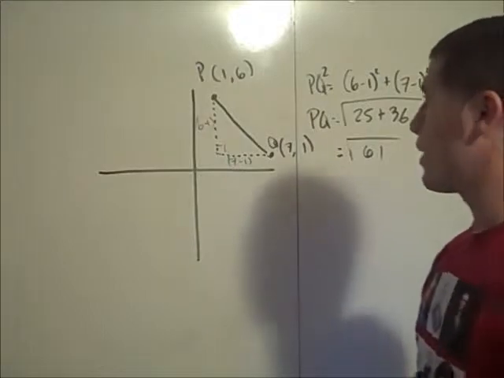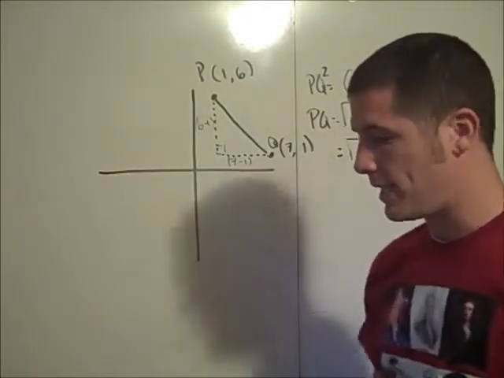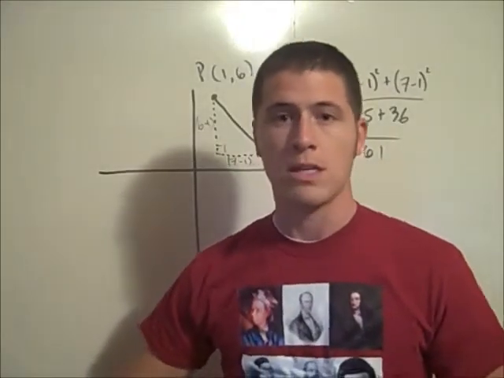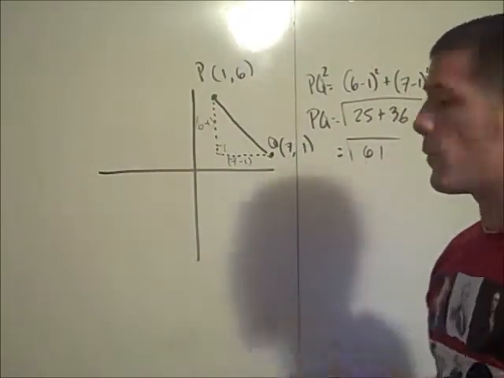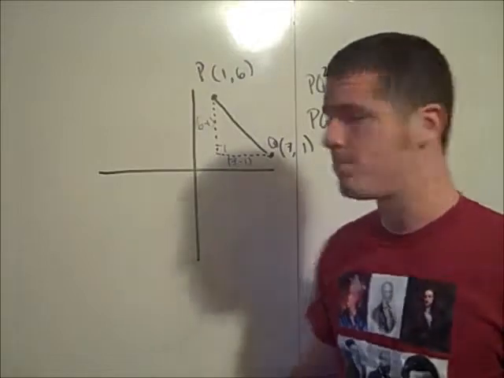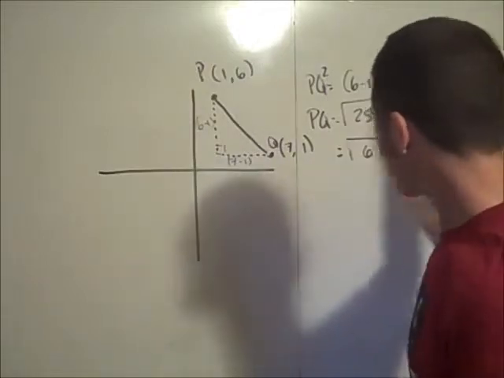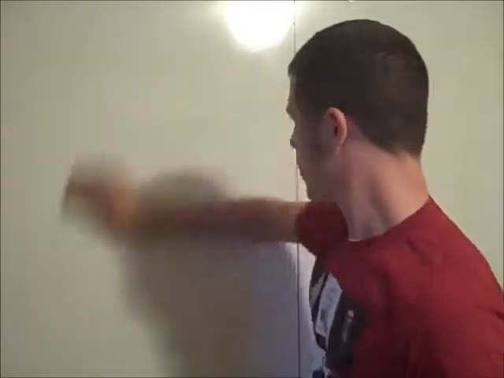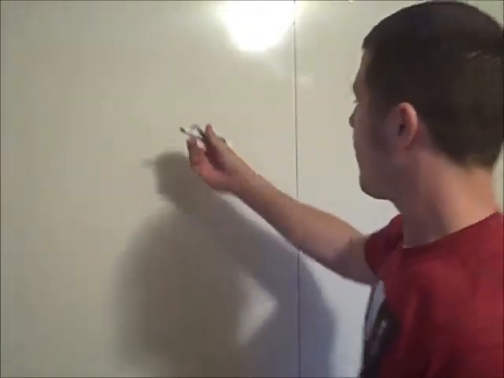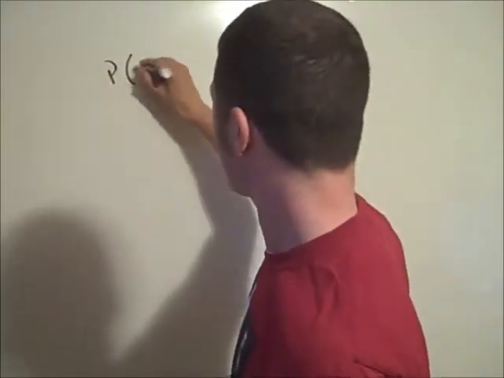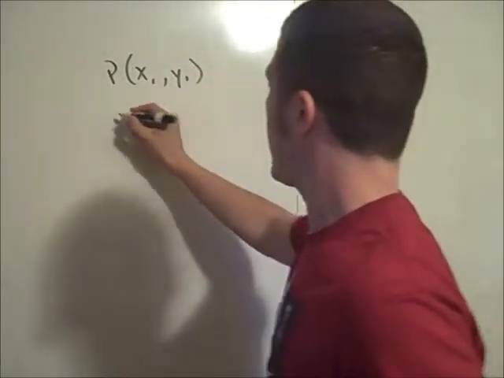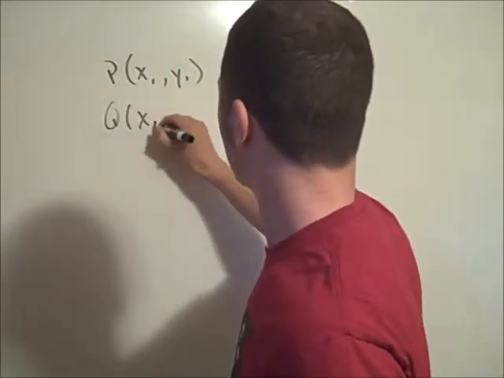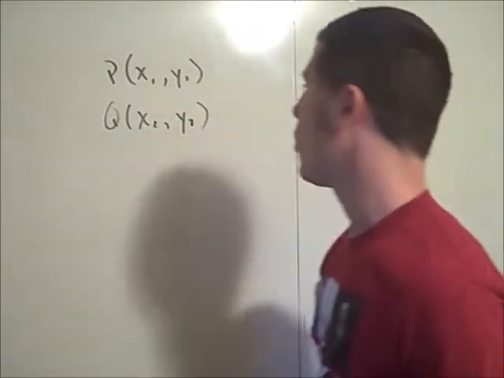Now, what we want to do is generalize this idea to any 2 points so that we don't have to draw this picture every single time. So the idea is, what if my point P was the point x1, y1, just some point in the Cartesian plane, and Q is some different point x2, y2.